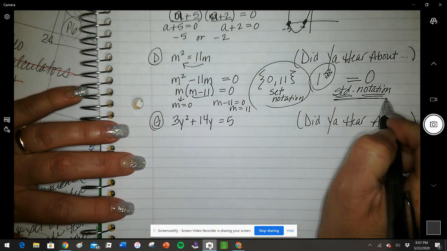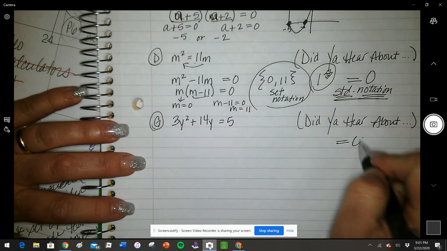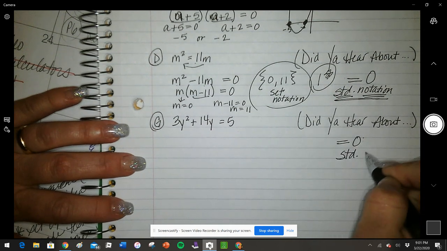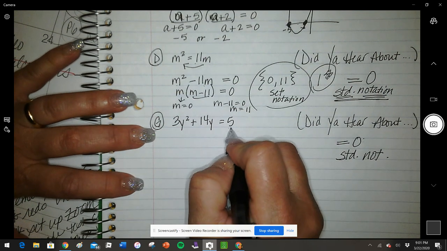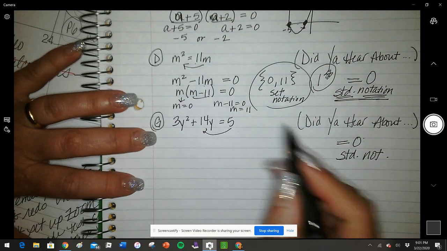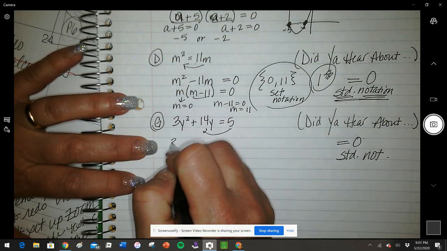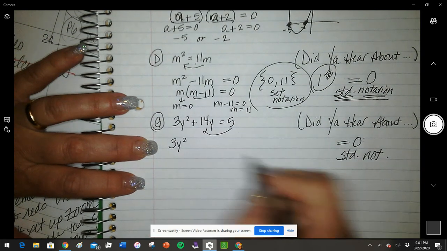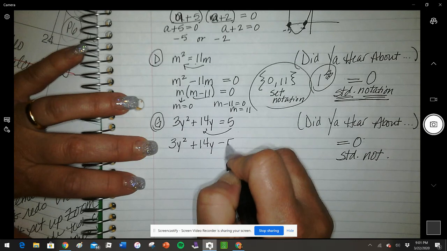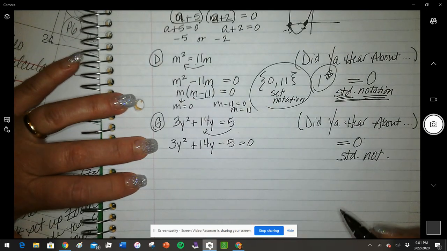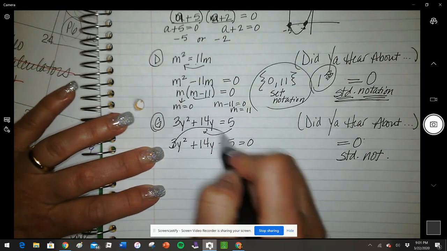Again, I want to make sure that I get it equal to 0 first and that I put it in standard notation. So I'm going to take this 5 and move it over to the other side, and subtract it. But when I go to put it in standard notation, I have my y squared, I have my y, and then I'm going to have minus 5 equal to 0. Do you remember how these work?